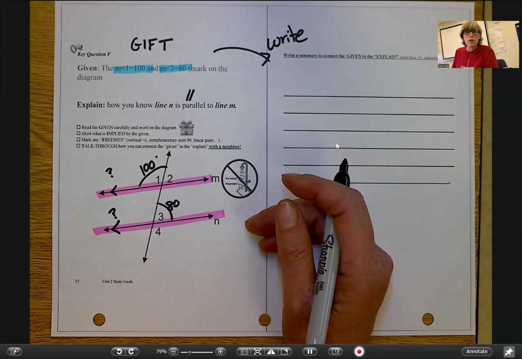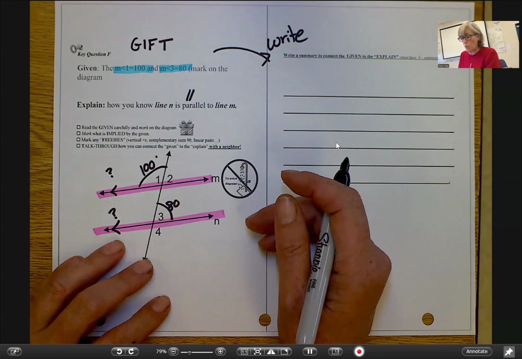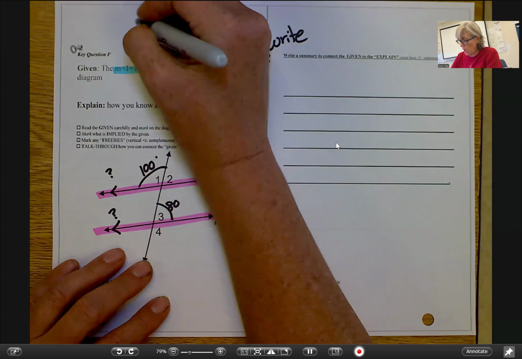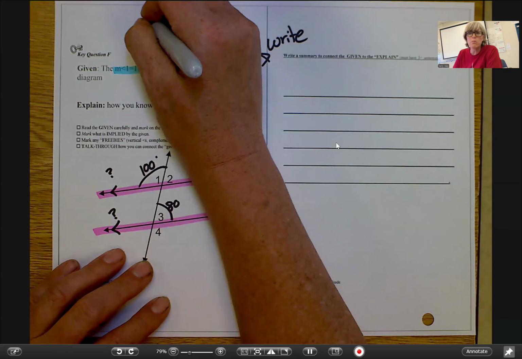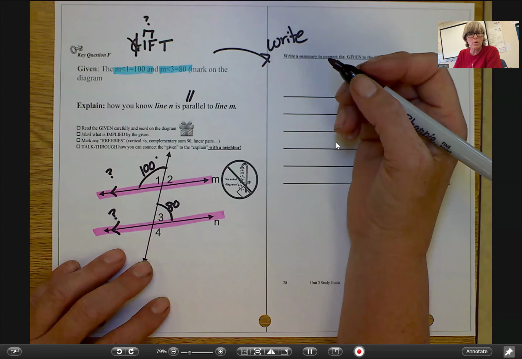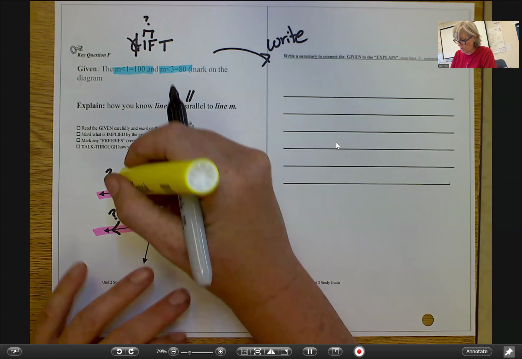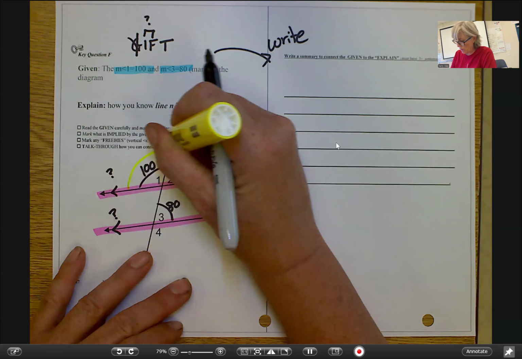You can solve this a couple different ways. One of the most important ways is to ask, okay, so that's done with given, implied, and freebies. Ask yourself, well, what else is true in this diagram? Well, what else is true is 1 and 2 are a linear pair.